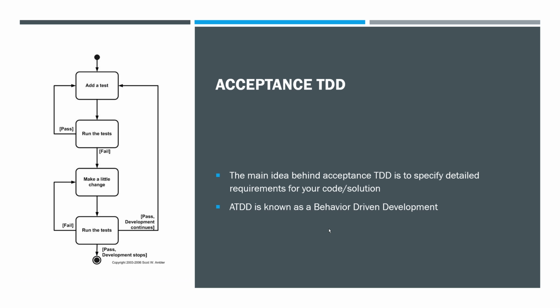Just a little bit more information on acceptance. Basically, the main idea behind acceptance TDD is to specify detailed requirements for your code or solution. This is known as behavior-driven development. It is based off of the use case diagram, which will show how everything will run based off of the instance.